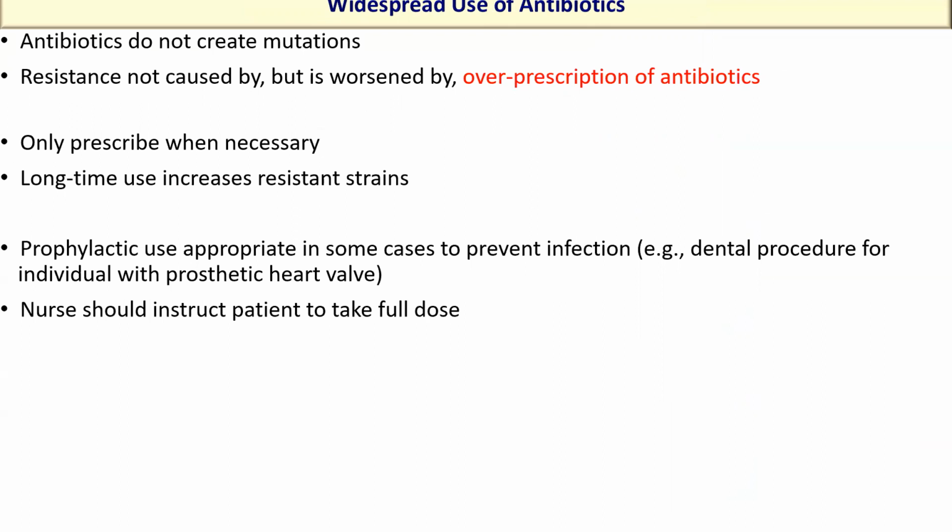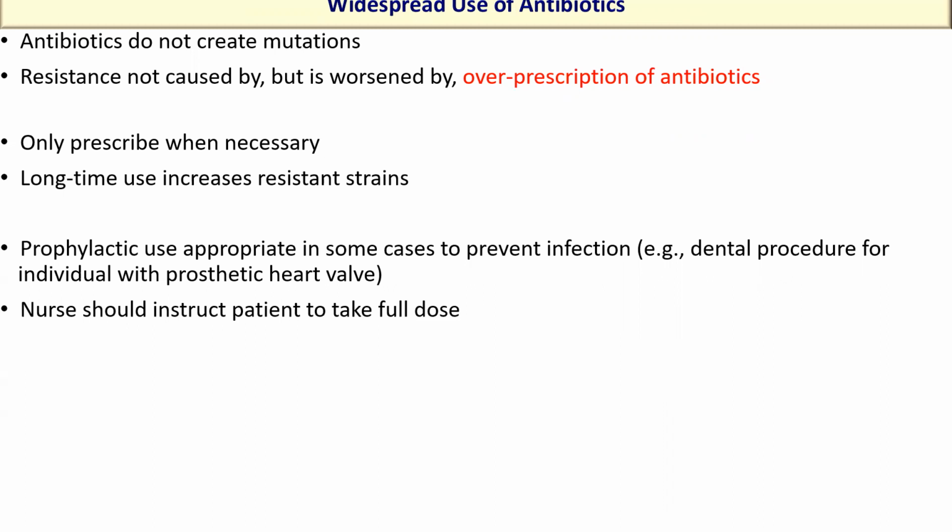The antibiotics do not create mutations. The resistance is not caused by, but is worsened by, overprescription of antibiotics. So we know that when there's overprescription of antibiotics, that will result in resistance and a loss of antibiotic effectiveness.